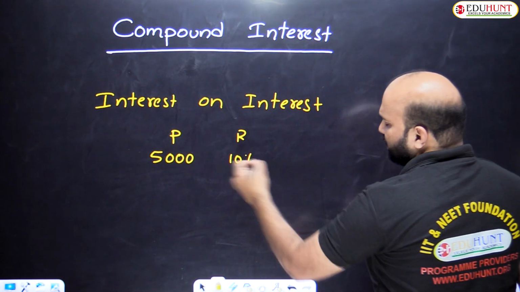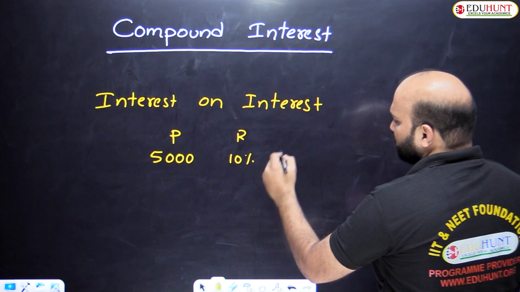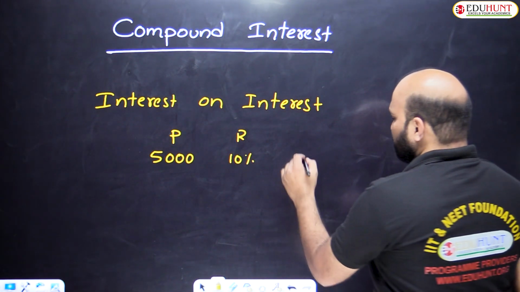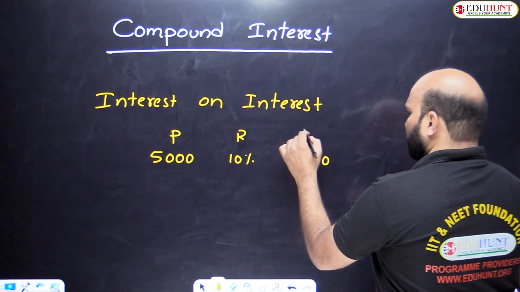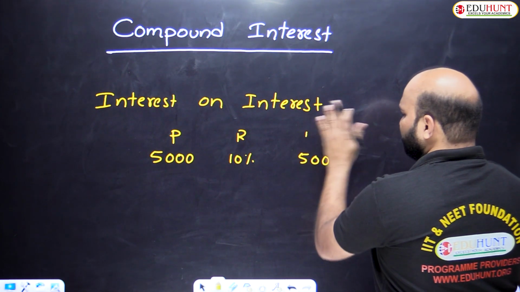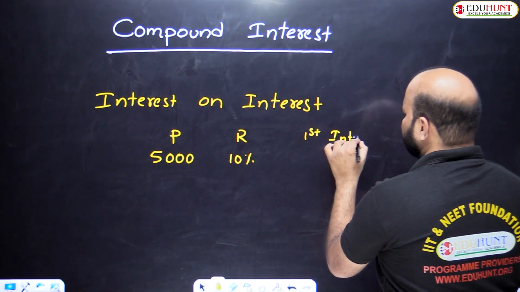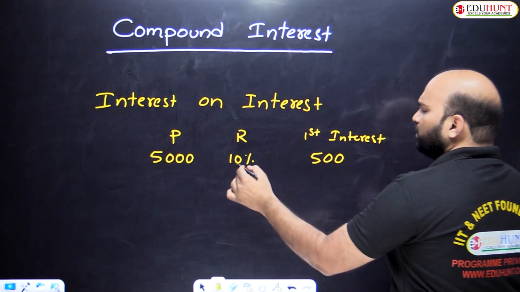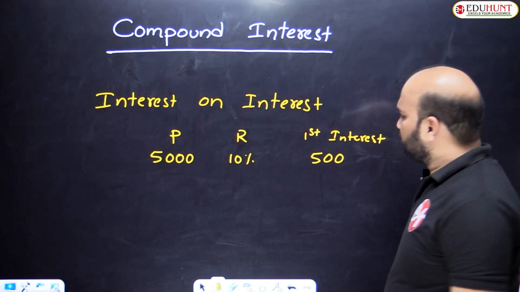According to simple interest, the annual interest is 500. What is 10% of 5,000? 500. So this is the first year interest. Am I clear? So first year interest is 500 rupees. How will you get 500? 10% of 5,000 is 500.